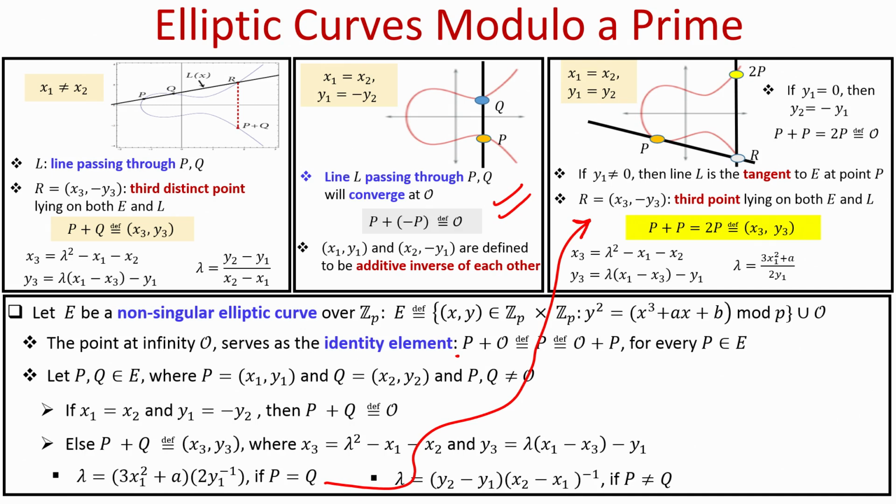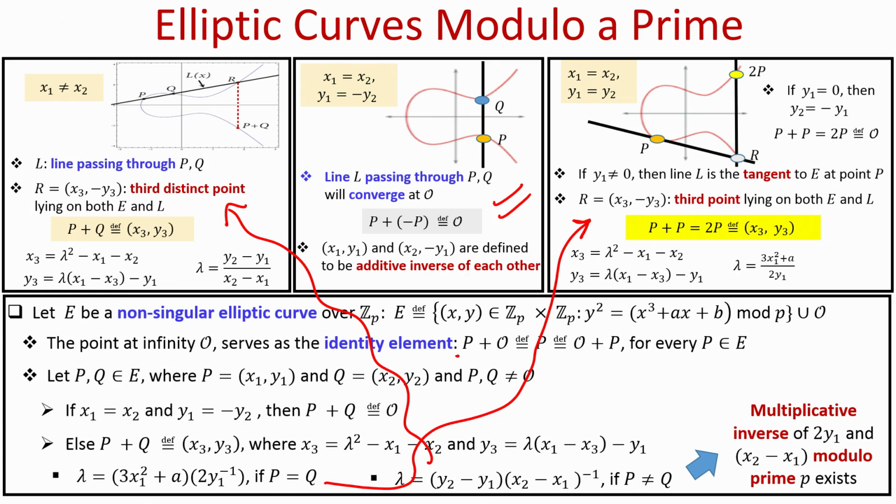And if P is not equal to Q, then lambda is basically the slope of the line passing through the points P and Q, which is similar to the first case for the elliptic curves over the real numbers. And it turns out that all the plus operations and all the multiplication operations that we are performing here are modulo P, when we are actually performing operations on the elliptic curves modulo P.